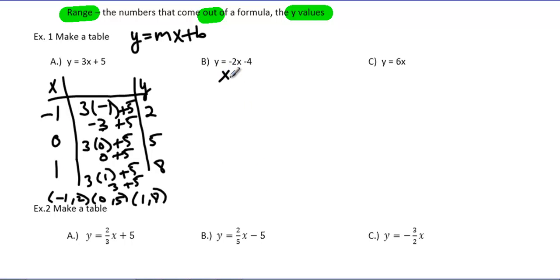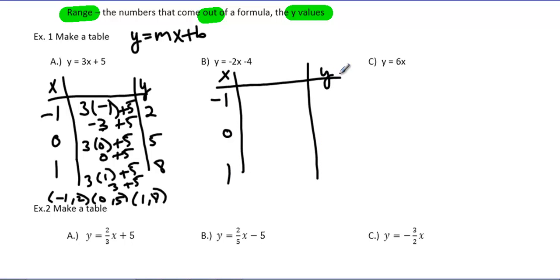Again, same situation here. I'm going to make a table, and I'm going to choose negative 1, 0, and 1 as my values. I'm going to plug my number in, and I'm going to be really careful here to make sure I use parentheses. Negative times a negative is a positive. 2 times 1 is 2. Minus 4 is negative 2.